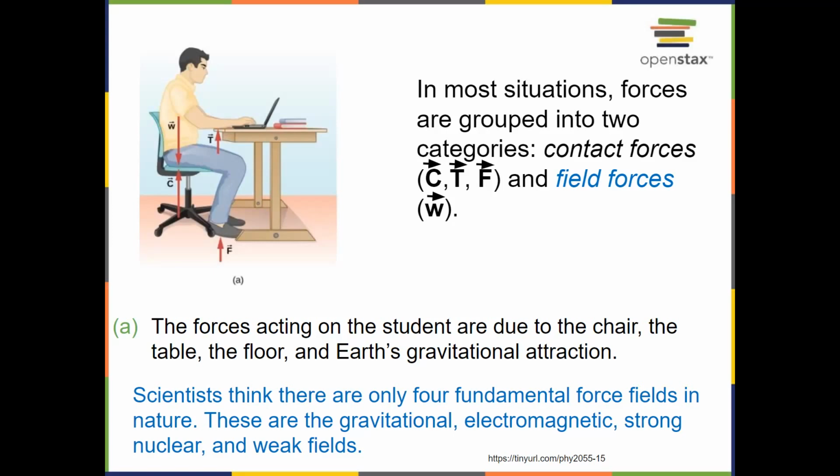Now for the weight, the gravitational force on you, you don't necessarily have to have contact with the earth. For example, if you are traveling on an airplane, your body is not in contact with the earth because you are flying, but you still have gravitational force on you, so you still have weight.